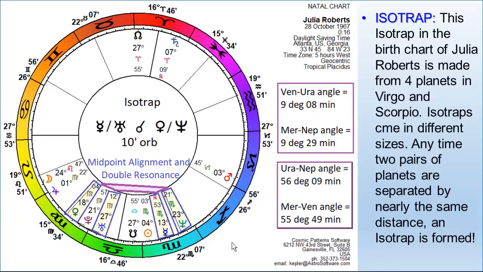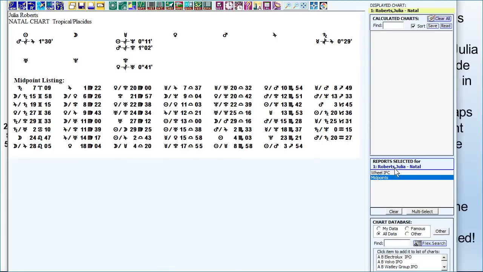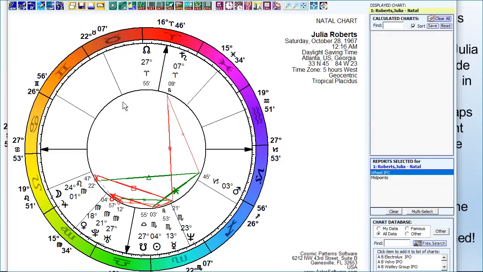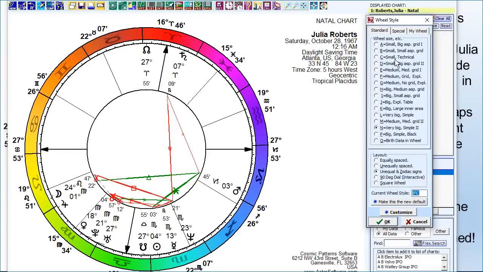Okay, so what's happening is the angle between Venus and Uranus. We could pull up a different kind of chart wheel. Let me show you how you would do that. Here's her birth chart. So there's the birth chart of Julia Roberts. If I right click, I'm in the series software, of course, and I stretched this out a little bit.